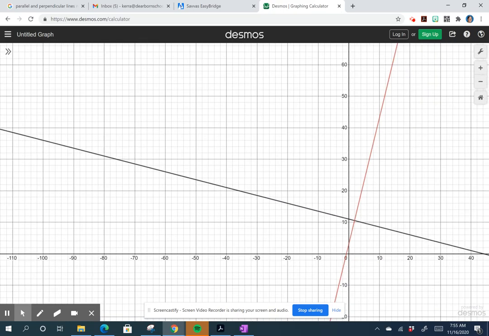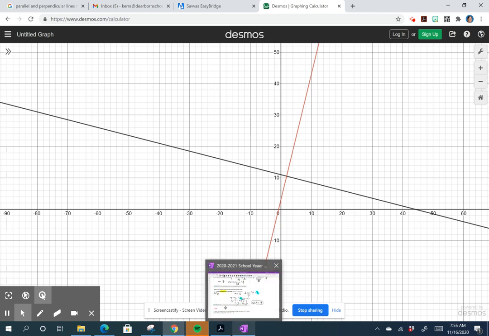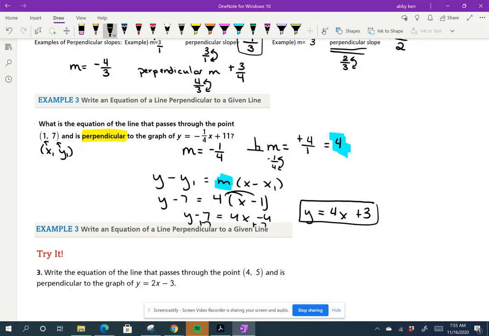So these two lines are perpendicular, because they cross at a 90-degree angle. Another way that you can check is, of course, using Desmos. You can write the point that was given to make sure your line is correct. So we said the point was 1, 7.